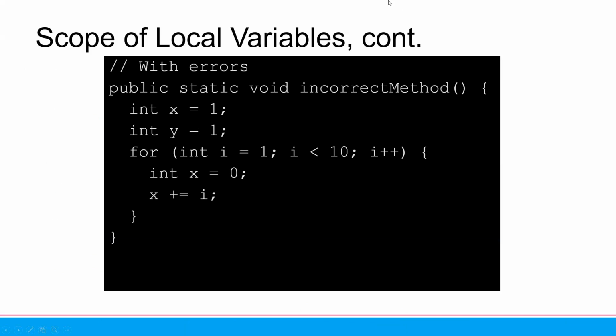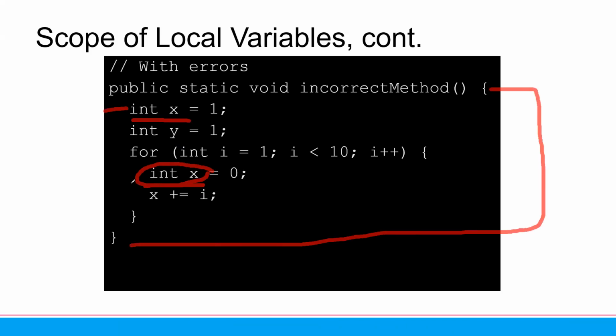Another integer x, integer I, integer x, this one. Okay, you're correct. Thank you. This is the error because we already have the integer x here, and the scope of this local variable will be from here until here. So once you define another integer x, it will be incorrect.